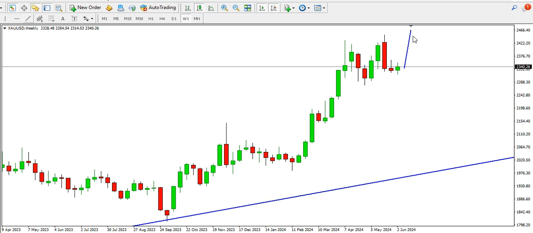The price could possibly drop, not much, but drop to an extent before continuing up, because the overall direction is still bullish.